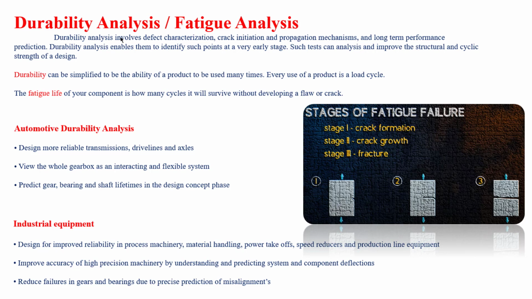For industrial equipment, it is the same: design for improved reliability in process machinery, material handling, power takeoffs, and speed reducers. The very important thing is that failure of gears and bearings comes into account in industrial equipment.